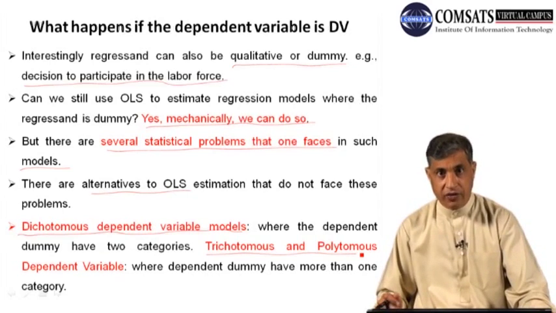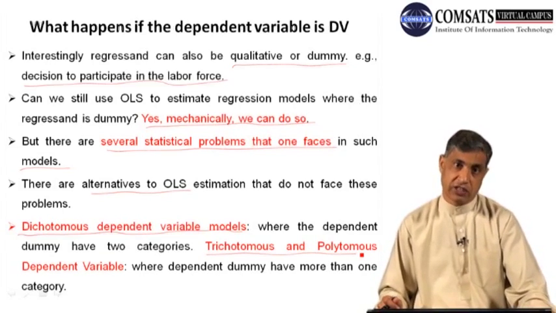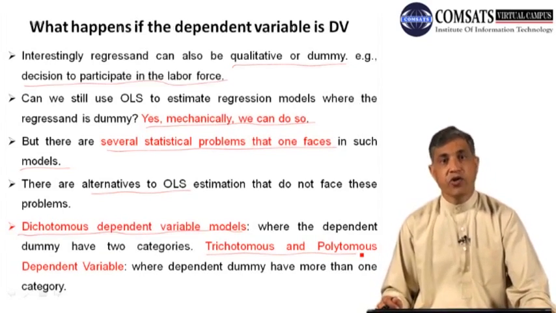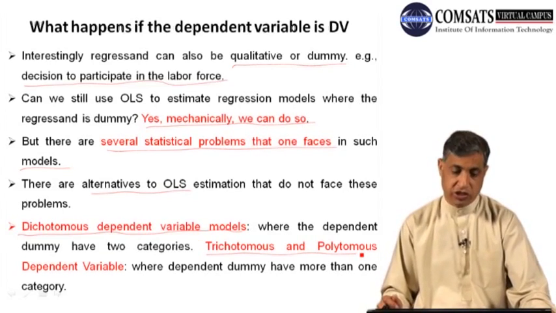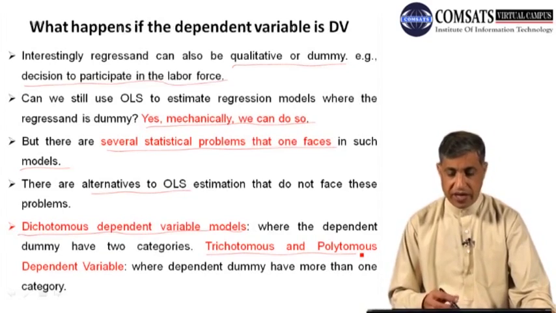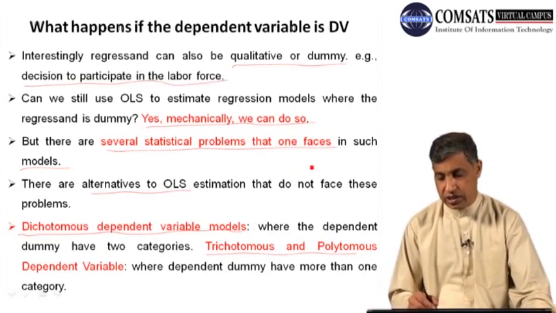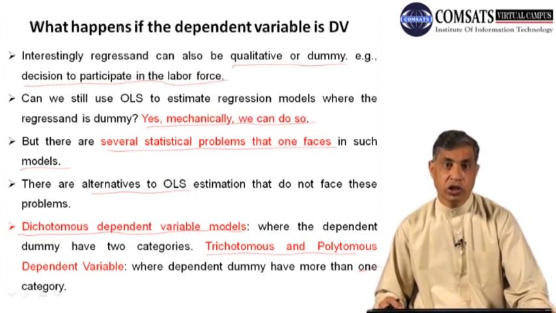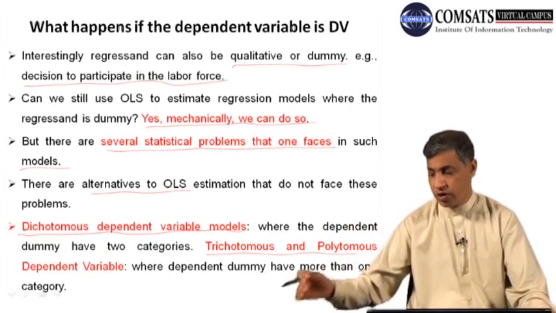And it is not restricted to three. There may be more than three categories, and we call them polychotomous dependent variables, where the dependent variable has more than two categories.